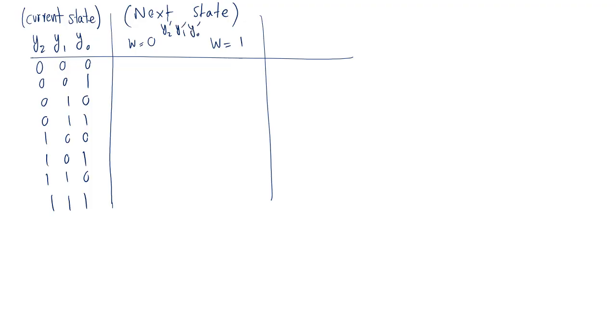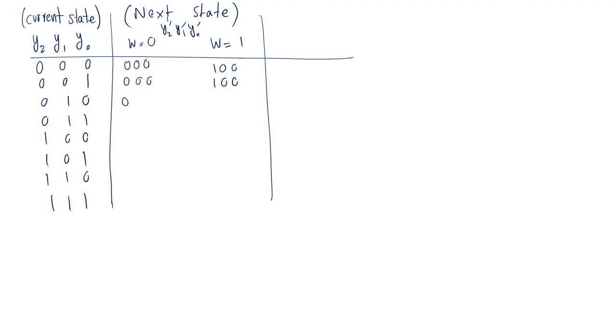So the next state is going to be, for example, if I have a 0, 0, 0 and I get a 0, I look at my diagram, it tells me that I stay in the same state, so I'm going to get a 0, 0, 0. If I get a 1, I look at my diagram and I see that I go to 1, 0, 0. So looking at the diagram, I can actually fill out these states one by one.